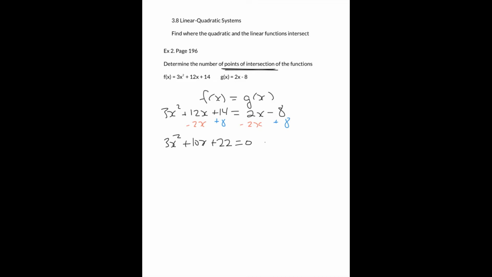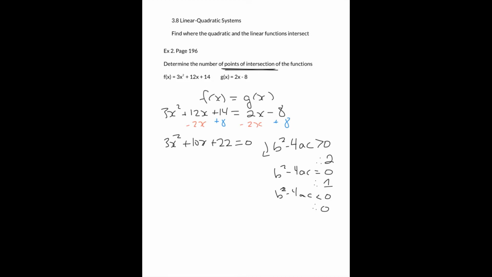And this is really good because now what I can do to solve for how many intersections is using my discriminant b squared minus 4ac. Remember, if it is positive, then I have two intersections. If it is 0, then I have one intersection. And if it is negative, then I will have no intersections.